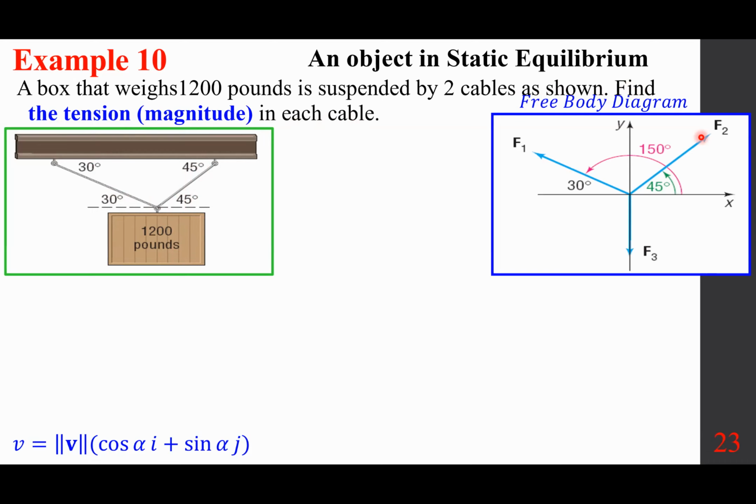Now, in order for this to suspend with no problem, then the sum of forces must be 0. This is equilibrium position. So the sum of all forces must be 0. That's in physics. So first and foremost, let's find out what each one is, starting with F1, the magnitude of F1.